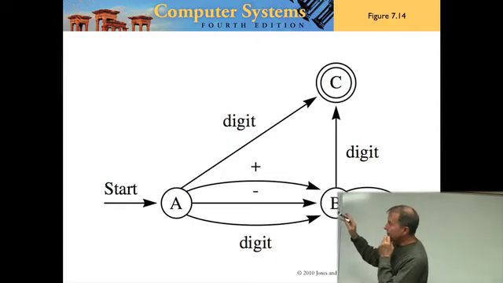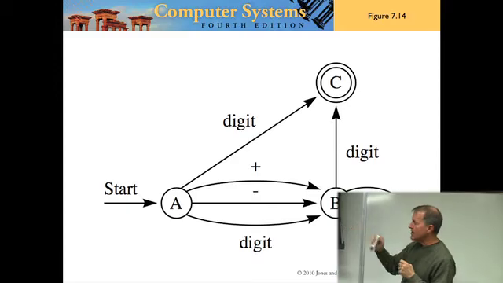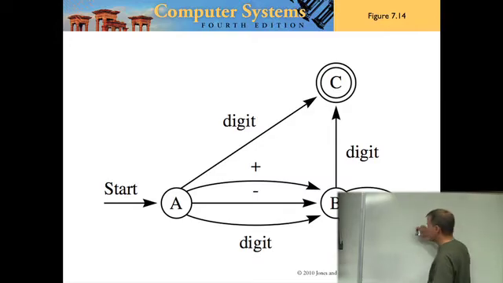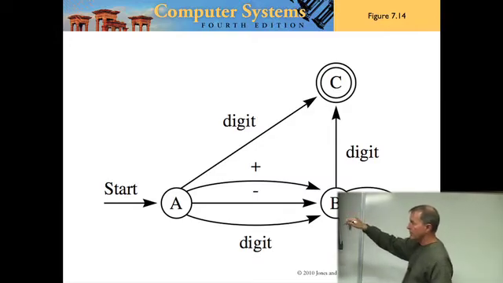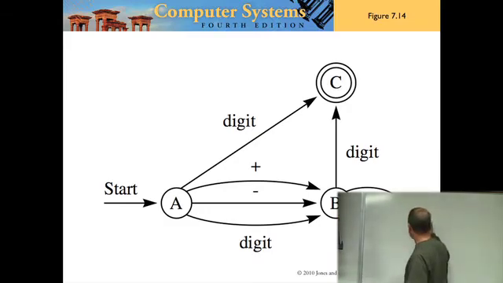Okay, so let's take a look at how this machine works. First of all, we start at state A, and I don't want to draw this, but I think you can imagine now that we've done one with a little railroad car engine. So let's try to parse plus DD.